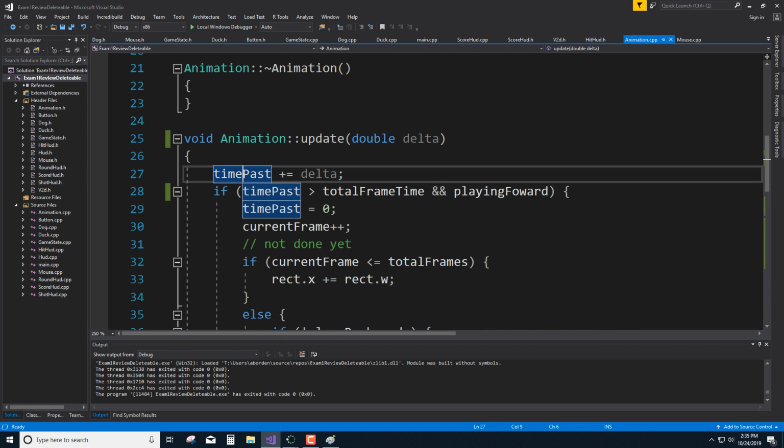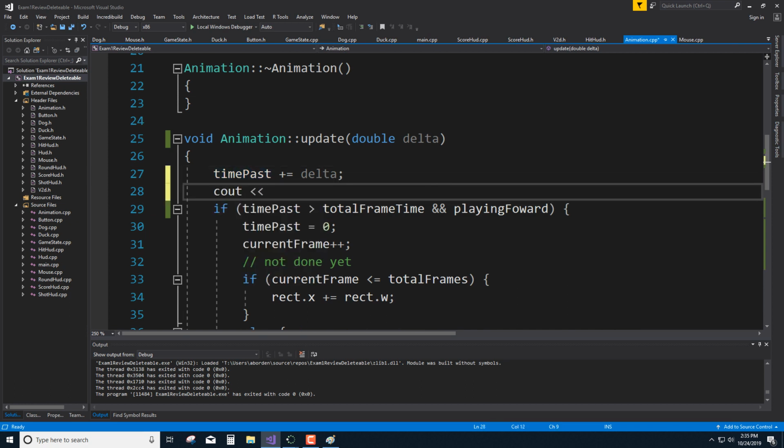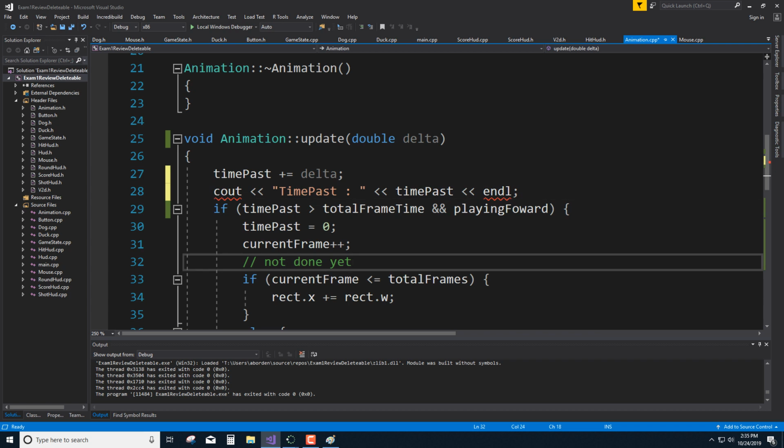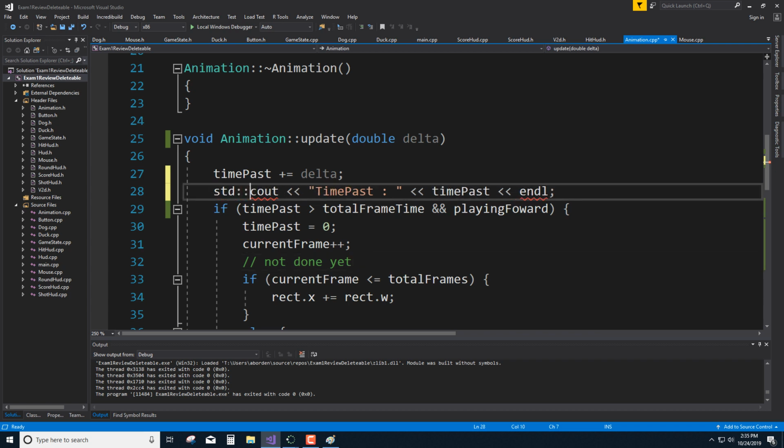Let me make sure that our delta is correct. So what I'm going to do here is I'm going to cout time passed. This is a common debugging thing. If you need to know some information, we just do some cout statements.